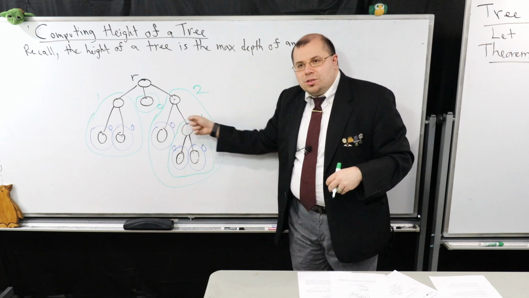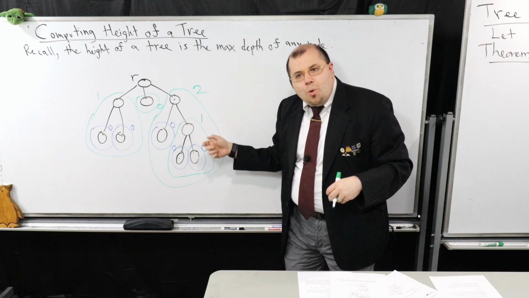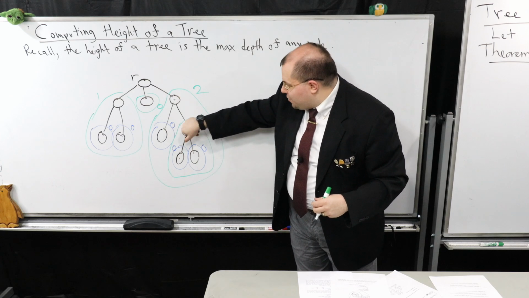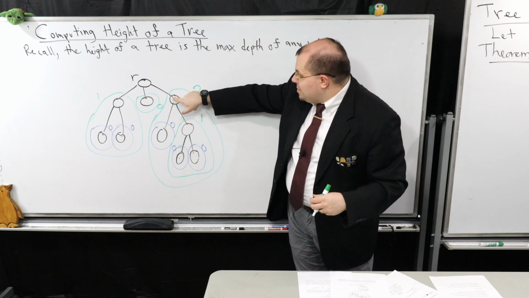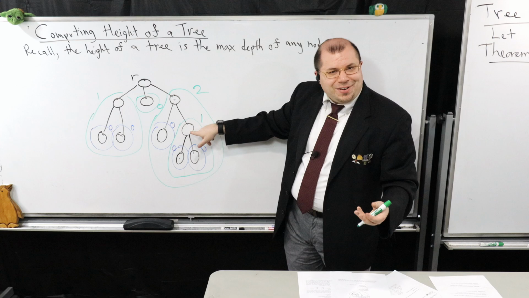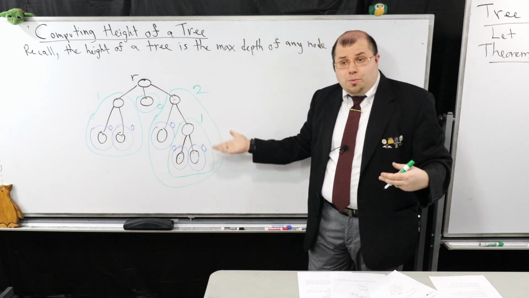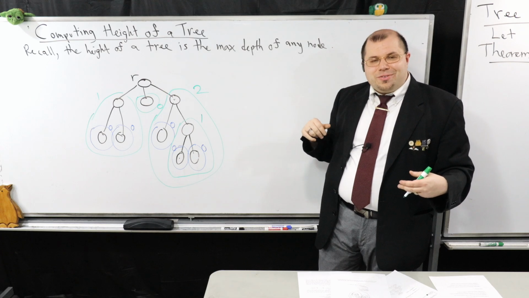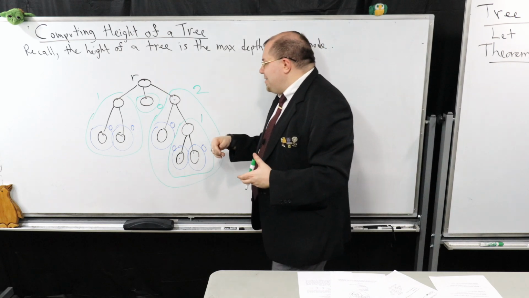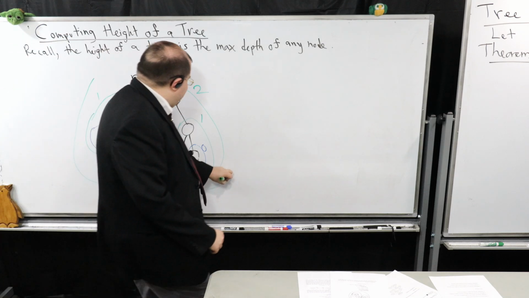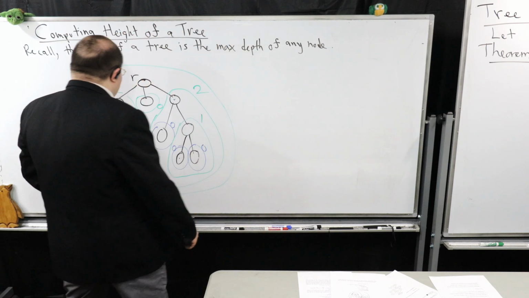Well, I can take the larger of these two and add 1, right? Because when I go up to its parent, whichever of these two I pick, probably the larger of the two, in terms of height, I just always know I'm going to add 1 because I go up the tree, right? So naturally, when I ask, what's the height of this whole tree? Well, look at it.